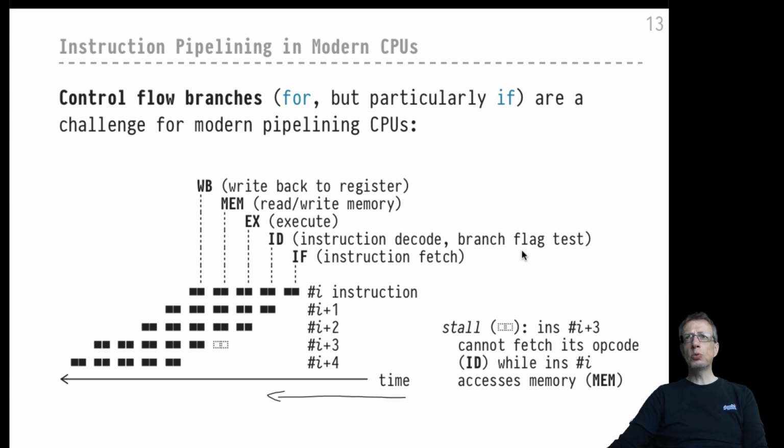So at this early stage we can already decide if the particular instruction that we are decoding is a branch. Then we can look at the branch flags, at equality or overflow flags or whatever, carry flags, and decide whether this particular branch shall be taken, yes or no. This is decided in this ID stage.